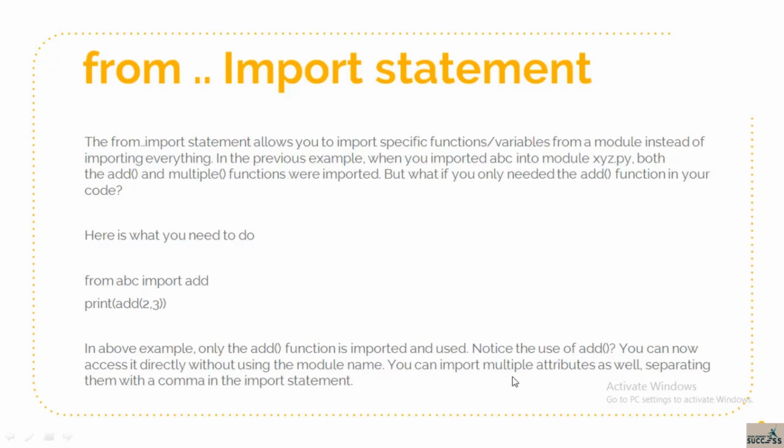You can import multiple attributes as well, separating them with a comma in the import statement, like from abc import add, multiply, subtraction, division, and so on. Notice that by importing a very specific function, we only need the name of this function, or variable, to access it from the module abc.